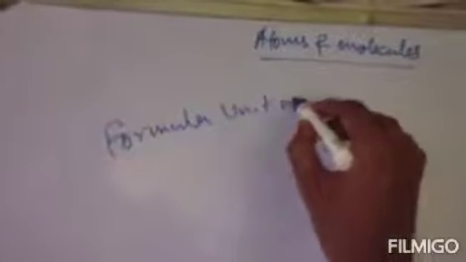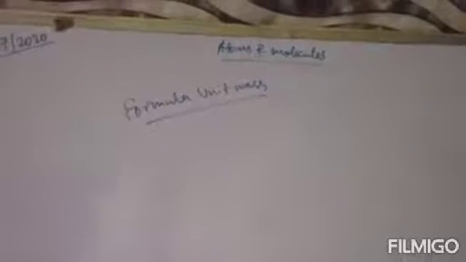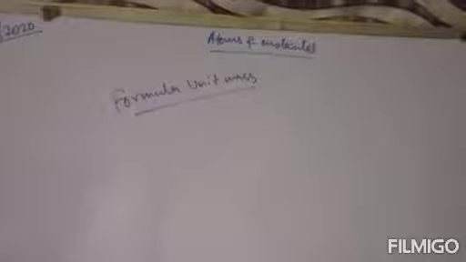Formula unit mass. What is formula unit mass? It is actually the sum of the atomic masses of all the atoms present in the formula unit of a compound.